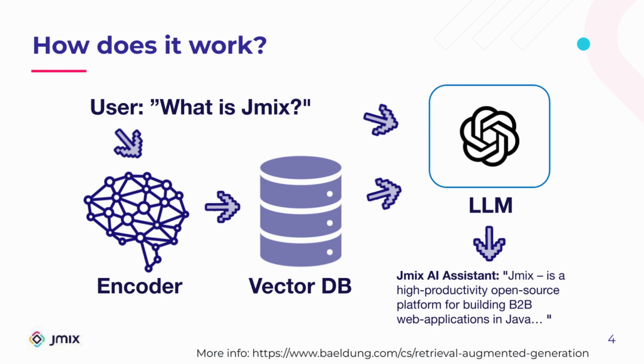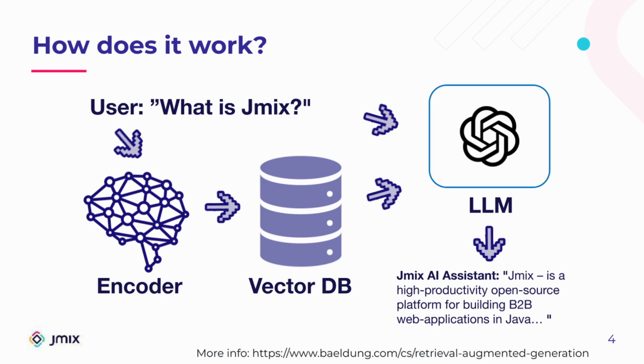So from some perspective, this looks like a sequence of thinking, because in this tool we demonstrate a series of different AI agents. One performs encoding of the prompt you input in this Jmix AI assistant.